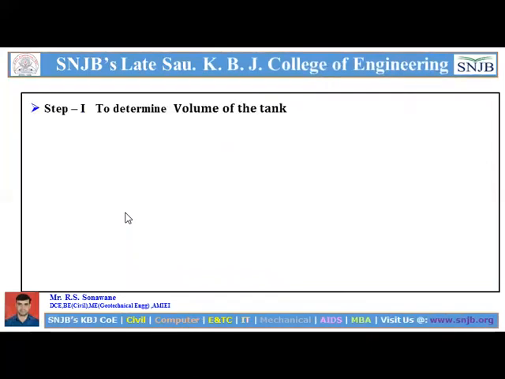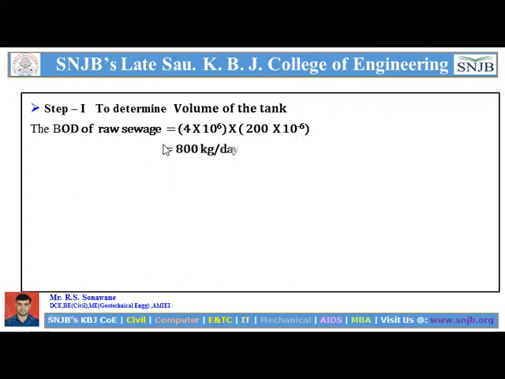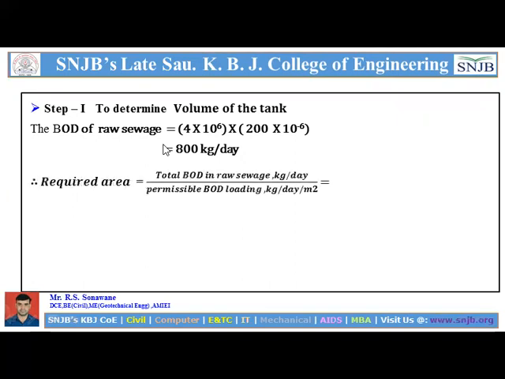So step number one, to determine the volume of the tank, the BOD of raw sewage is equal to 4 × 10^6 × 200 × 10^-6, which gives the BOD of raw sewage, that is 800 kg per day. Required area is the total BOD in raw sewage in kg per day divided by the permissible BOD loading, again in kg per day per meter square.